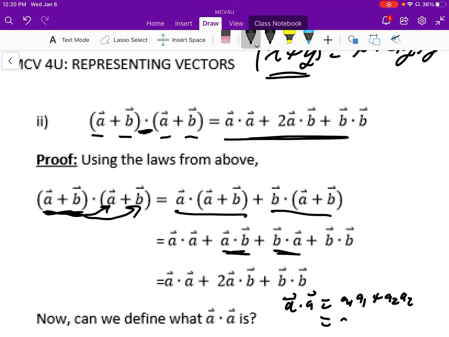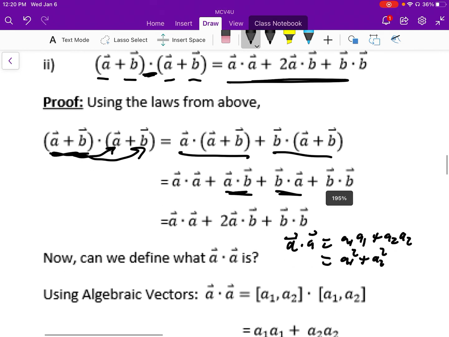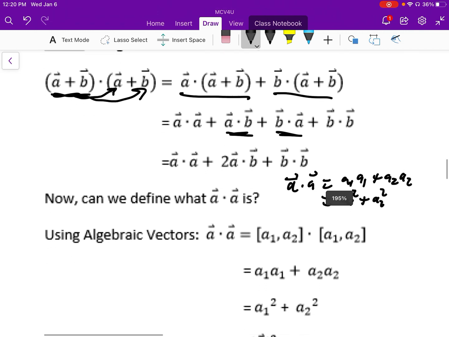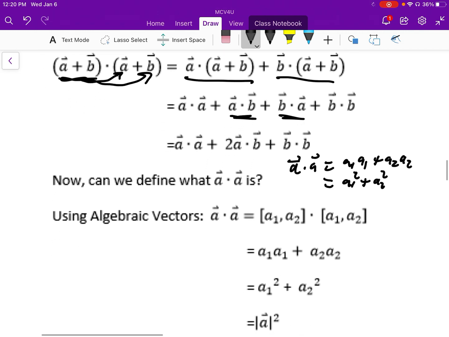Well, that is A1 squared plus A2 squared. Well, that's just the magnitude squared, right? So you take a look at it. A dot A is the magnitude of A squared. It's a nice little, not definition, but a little property that you can be using.